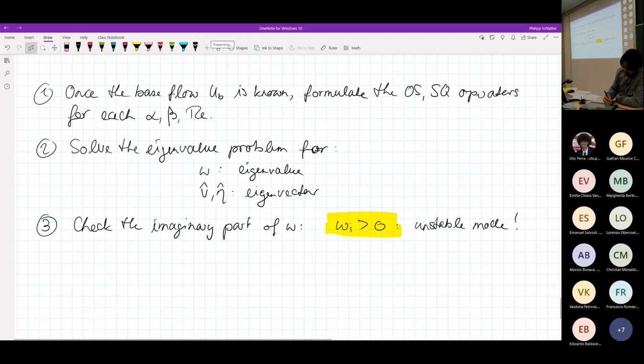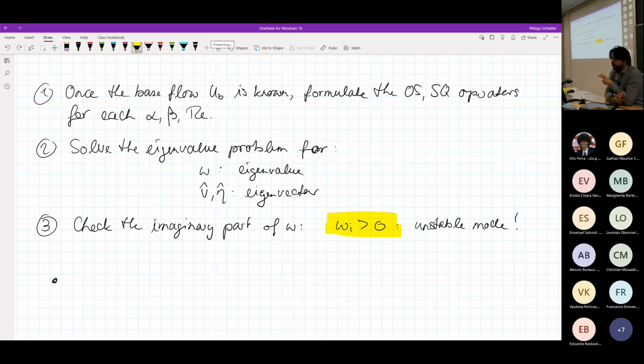There's a few comments that I would like to make regarding that, because I said here I would need to formulate the problem for each alpha, beta, and Reynolds. Of course, there could be quite many eigenvalue problems that I would need to formulate. So there is actually a way of reducing the number of eigenvalue problems that we need to formulate.